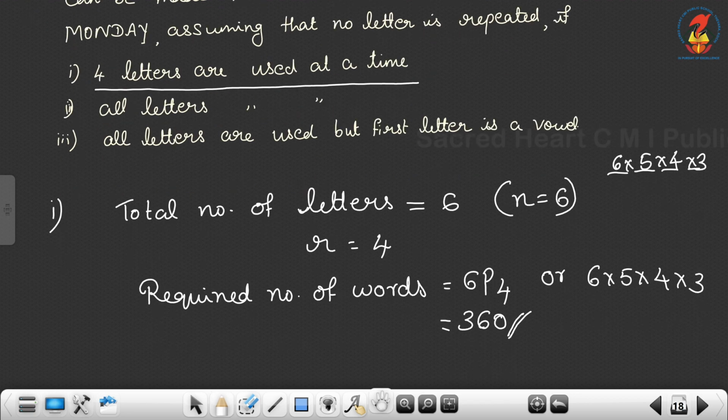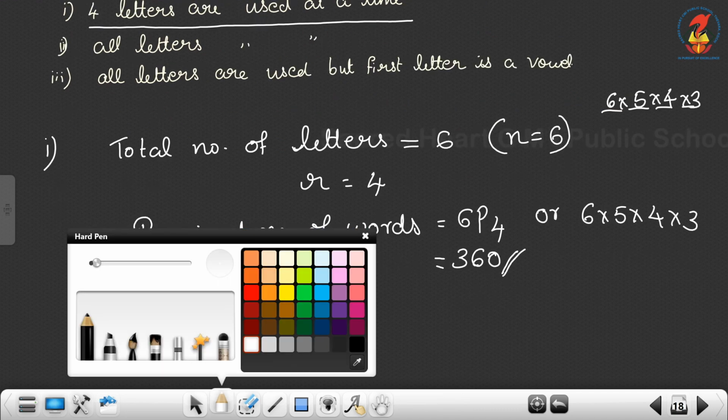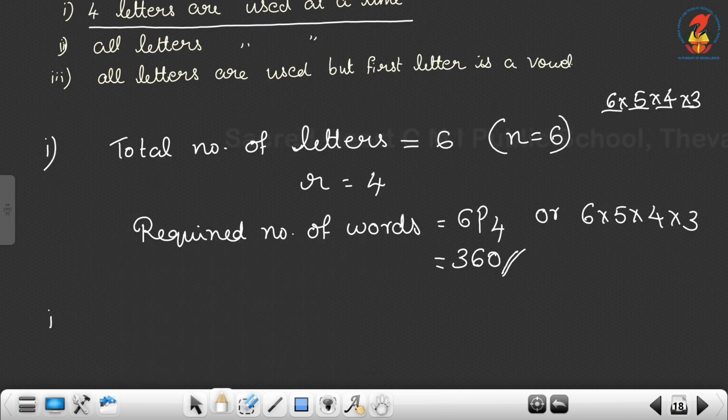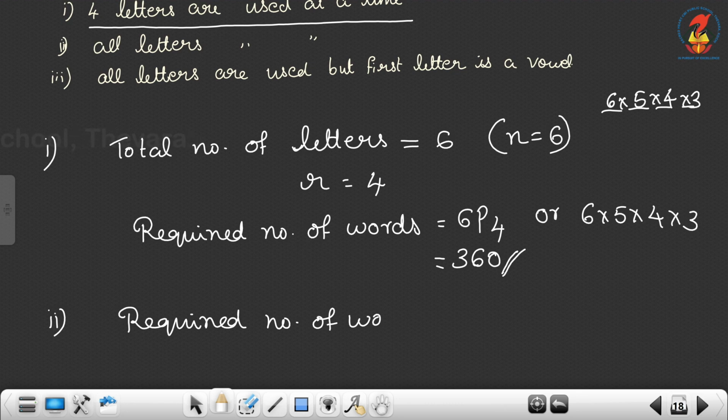Now the next is, all letters are used at a time. All letters are used means number of objects is 6 and r is also 6. So the required number of words, both are 6, is 6P6. Or how we write: 6 places. First place in 6 ways, 5 ways, 4 ways, 3 ways, 2 ways, 1 way.